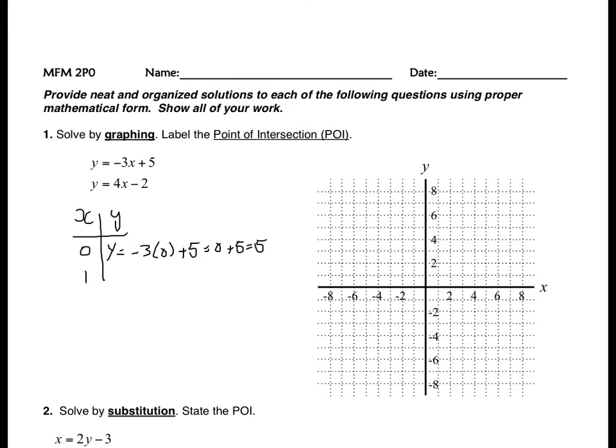And when x is 1, y is negative 3 times 1 plus 5, which is going to be negative 3 plus 5, which is 2.